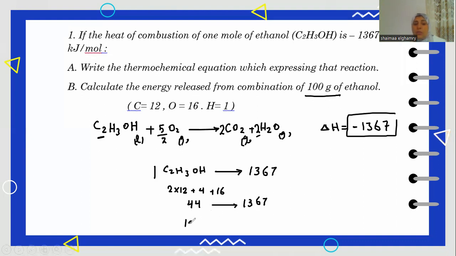If we use 100 grams of ethanol, the amount of heat Q equals 100 times 1367 divided by 46. So it equals 2,971.7 kilojoule. Here, delta H is in kilojoule per mole.